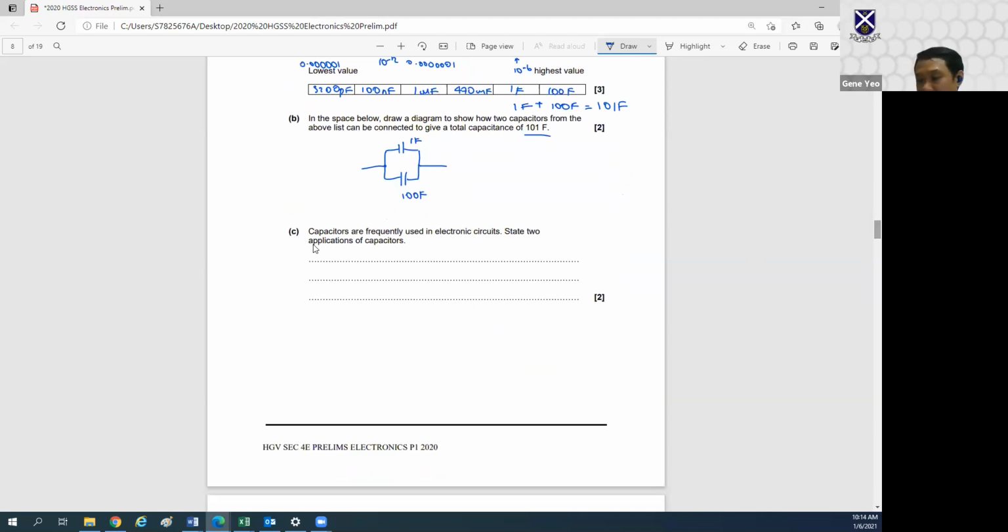What are capacitors used for? So capacitors are used for a lot of things. You can write for time delays. Okay. You can say for timing circuits.